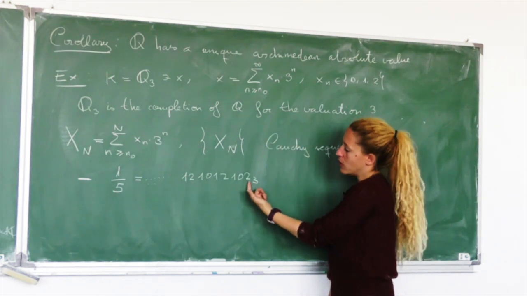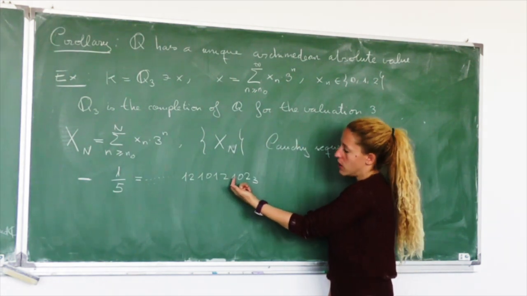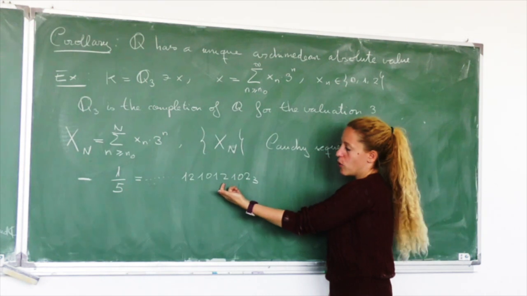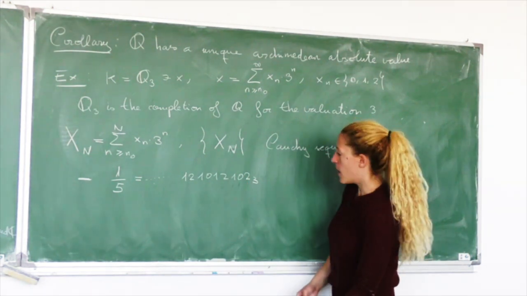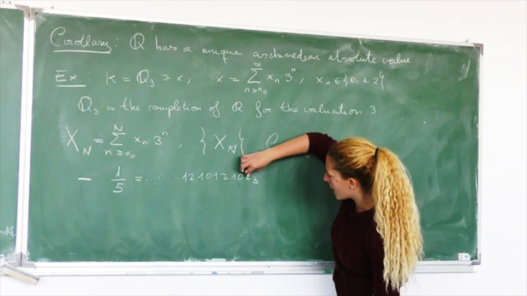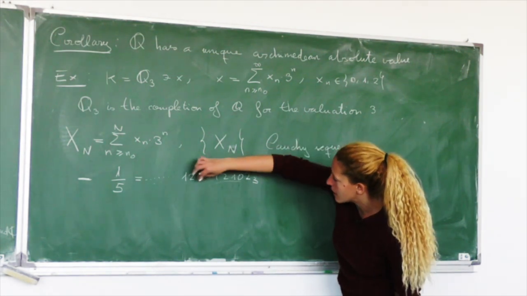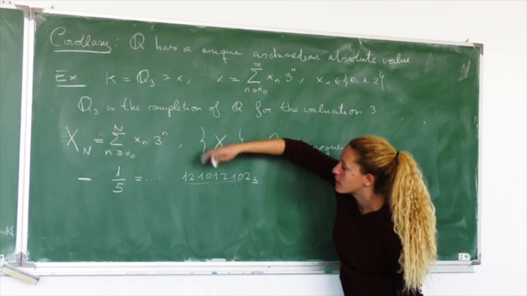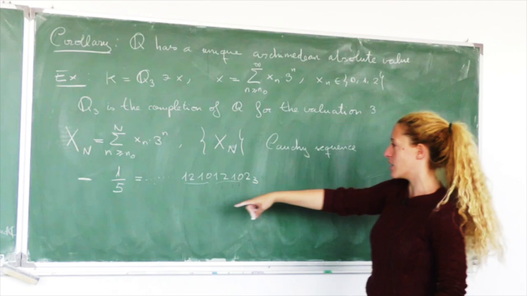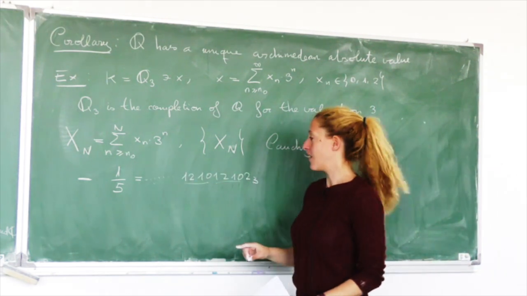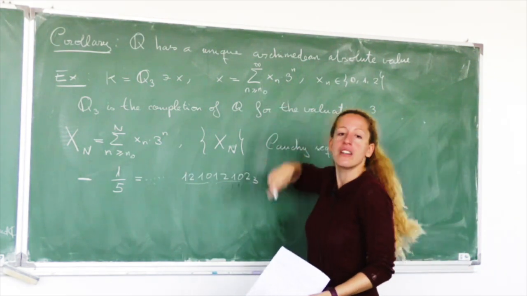The x1 is equal to 2, x2 equal to 0, x3 equal to 1, x4 equal to 2, x5 equal to 1, and we follow. And this is periodic, so after these two, this term is periodic, and it goes to infinity. I invite you to check that this is actually 1/5 with this triadic notation.